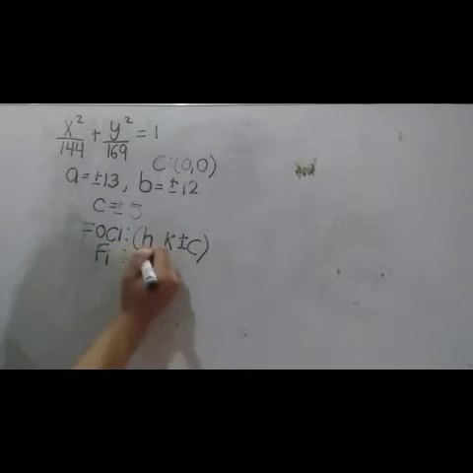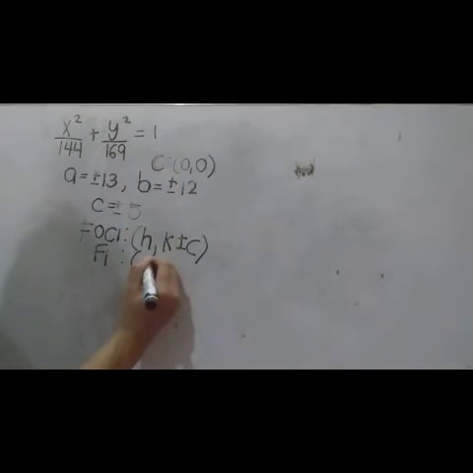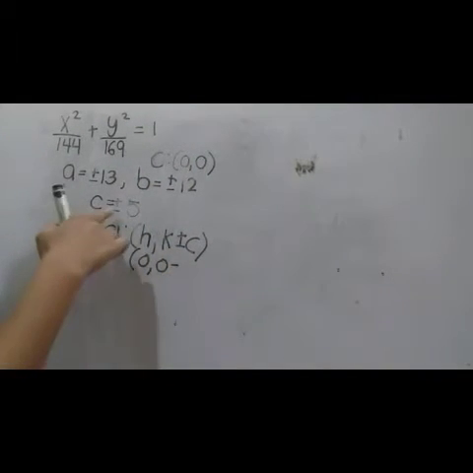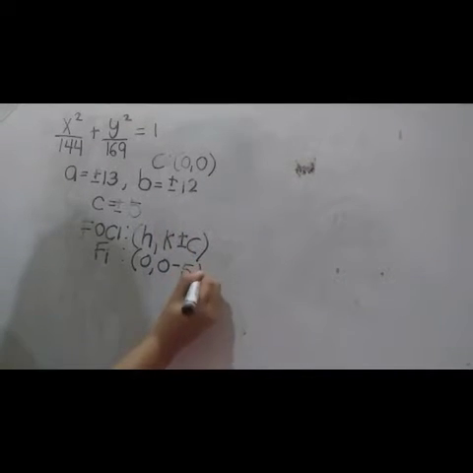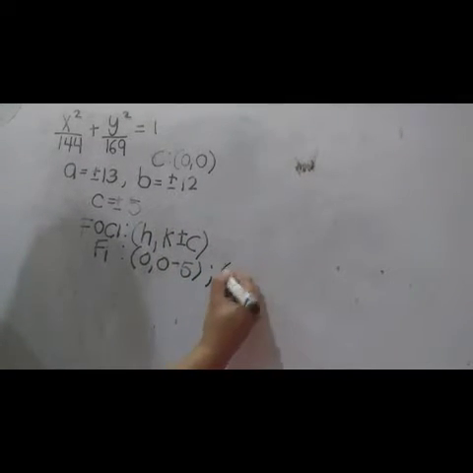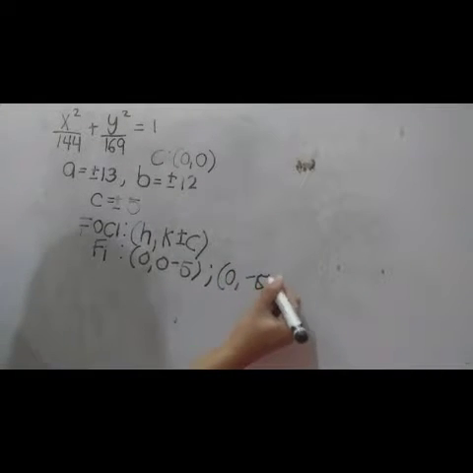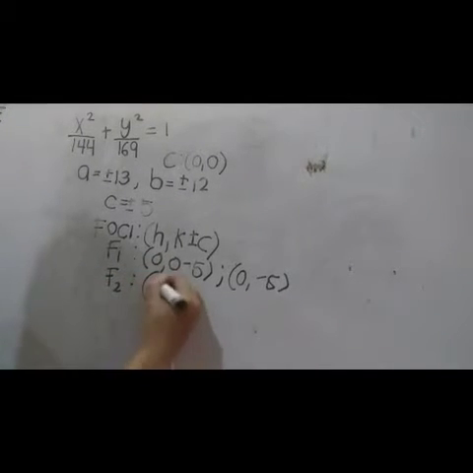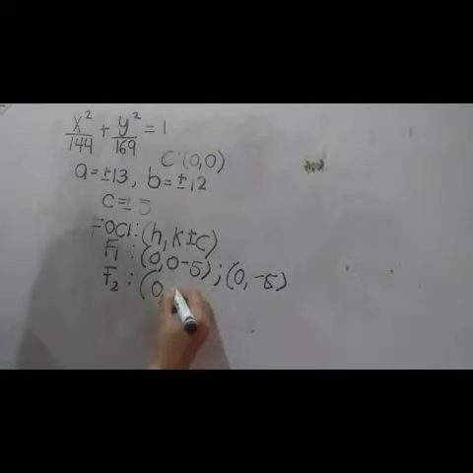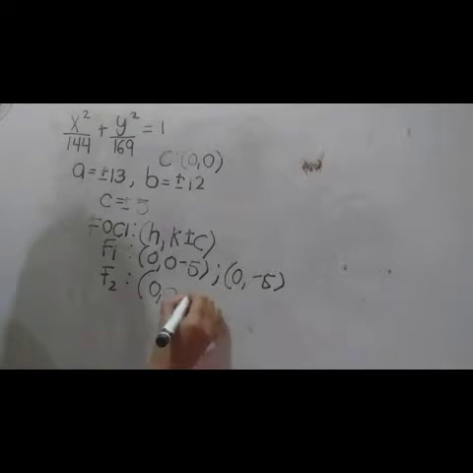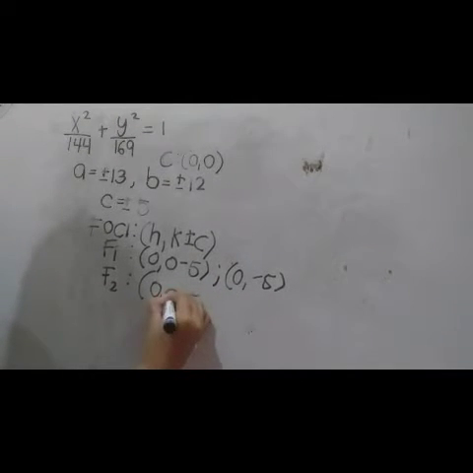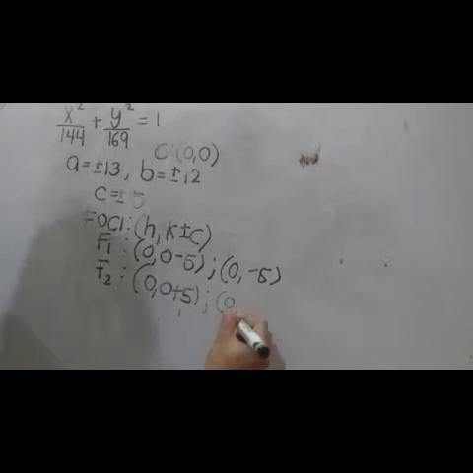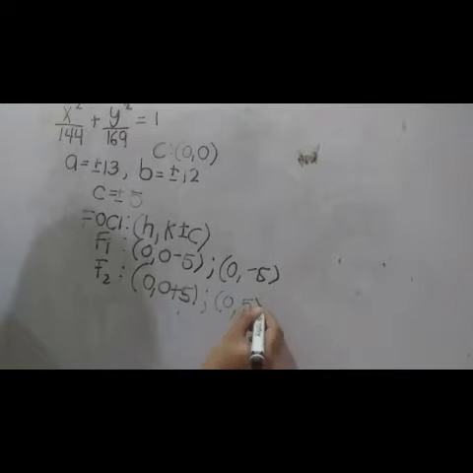For F1, H is 0, so 0, 0 minus 5. Now we have 0, negative 5 for our F1. And then F2 is 0, 0 plus 5, so we now have 0, positive 5.